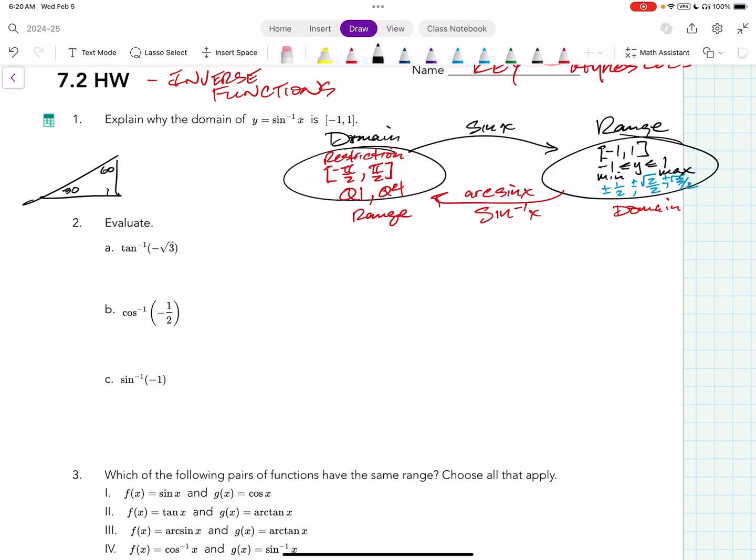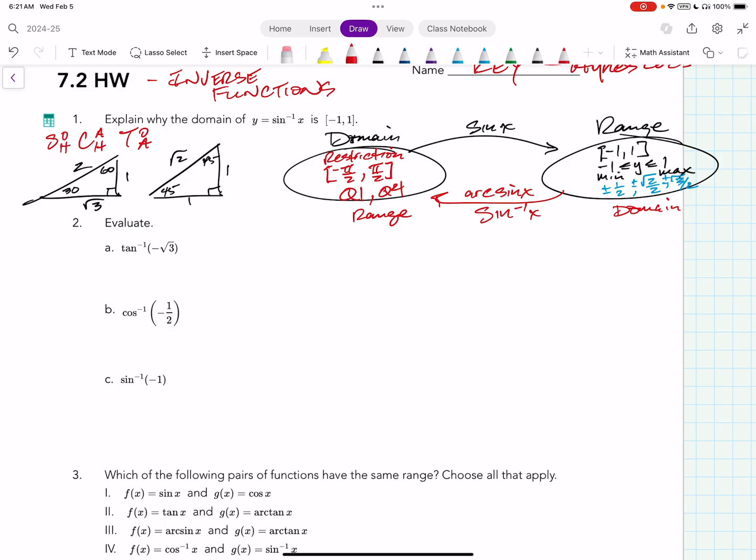Here's the 30, 60, 90 with sides 2, 1, root 3. And of course, if we see numbers like 1 or root 2 over 2, then we're on the 45, 45, 90, where it's isosceles. So the sides are 1 and the hypotenuse is root 2. And if you remember your basic trig, which is SOHCAHTOA, that's all you really need to evaluate these things.